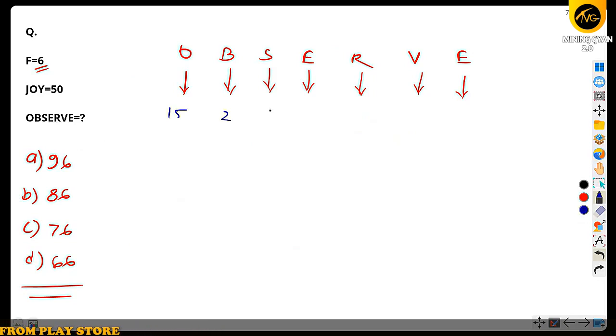Okay, T is 20, so S is 19, E is 5, and R is 18. V is 22 and E is 5.